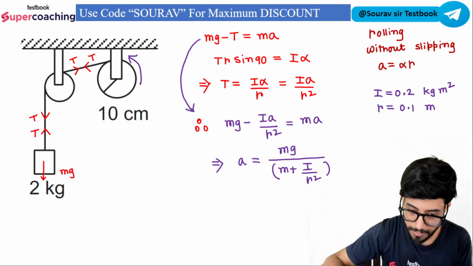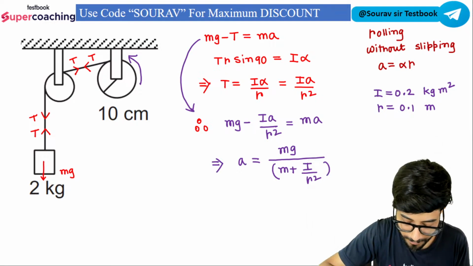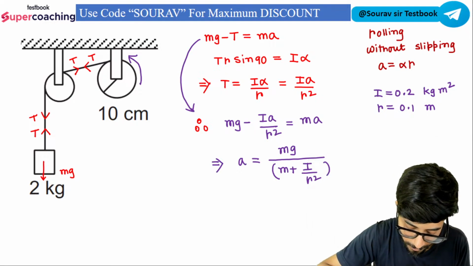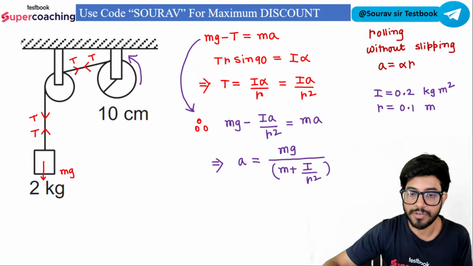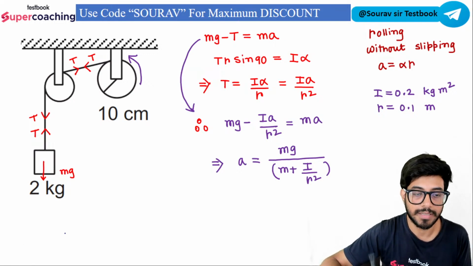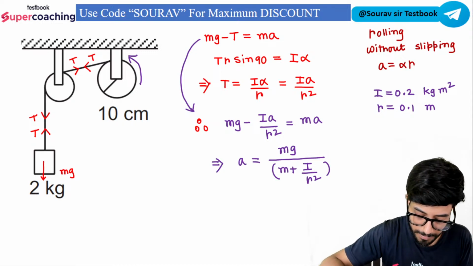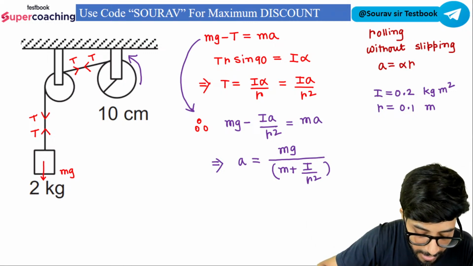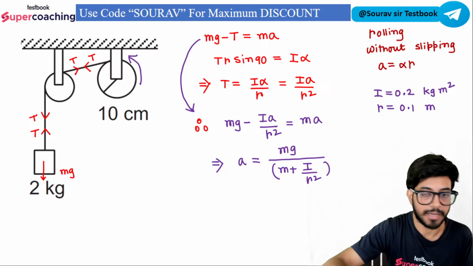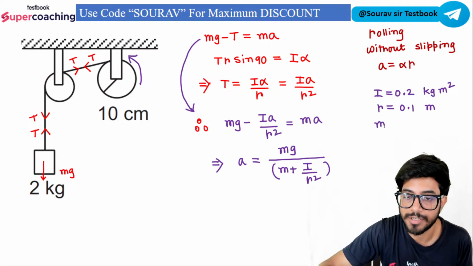0.1 square, whatever you are getting, 0.2 divided by that, you are getting 20 here. 20 plus the mass, that is 2. Whatever you are getting, take the inverse, multiplied by 2 into 9.8. And m has been mentioned as 2 kg.